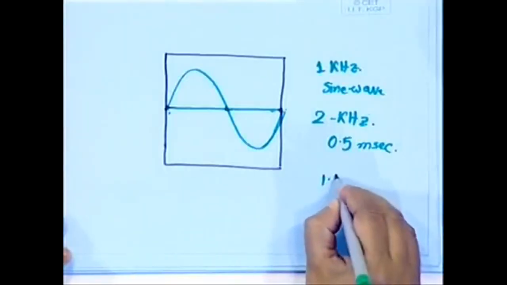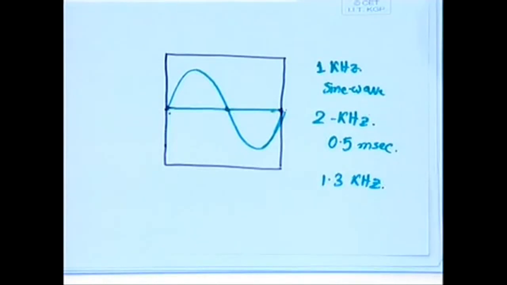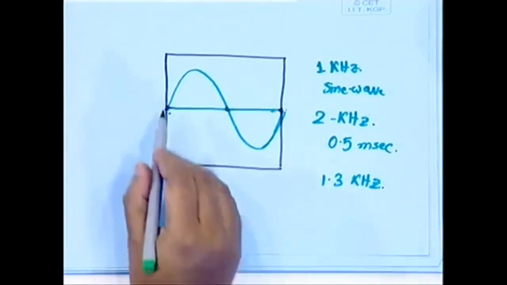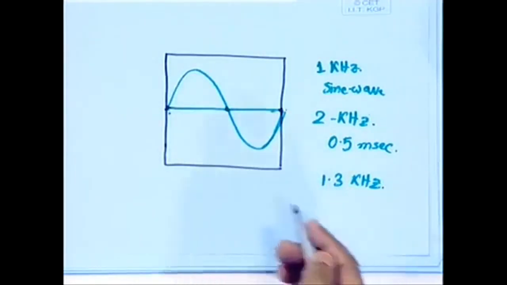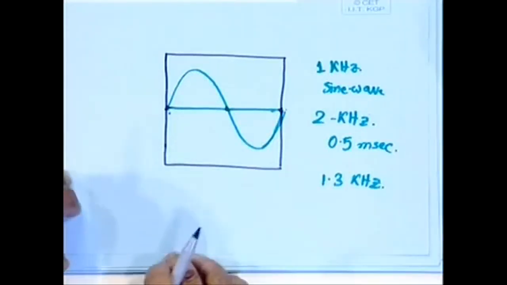Now, supposing it is not exactly 1 kilohertz or 2 kilohertz, supposing it is somewhere in between, say 1.3 kilohertz, and we want to show the waveform. So, obviously, you can well understand that with the sweep still at 1 kilohertz, we will not be able to show the complete waveform. So, perhaps a part of the waveform will be shown like this.